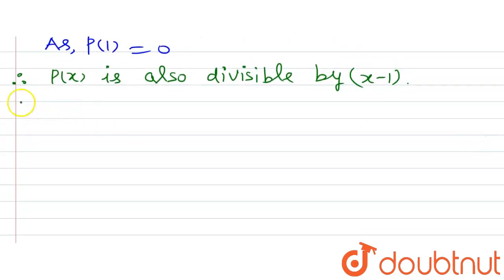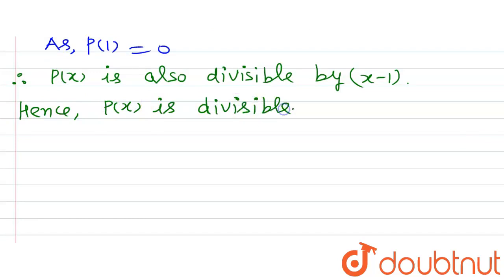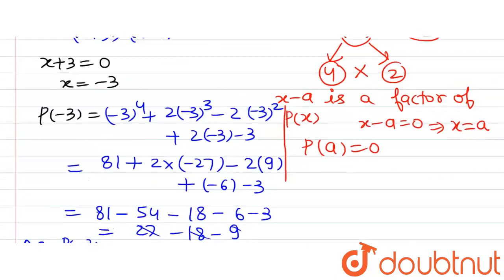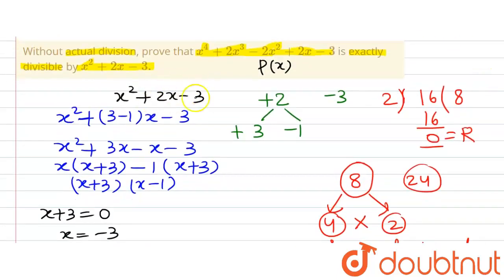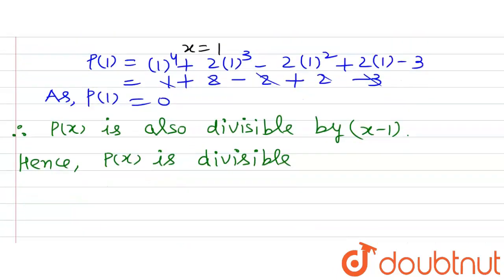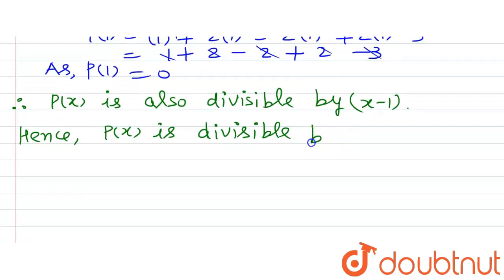So we can say that hence p(x) is divisible by x square plus 2x minus 3, because the polynomial is divisible by the factors of x square plus 2x minus 3. Therefore the polynomial will also be divisible by x square plus 2x minus 3.